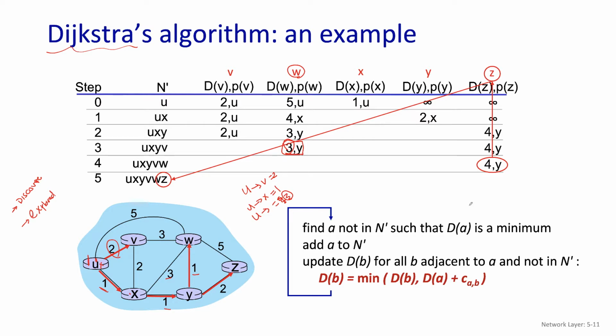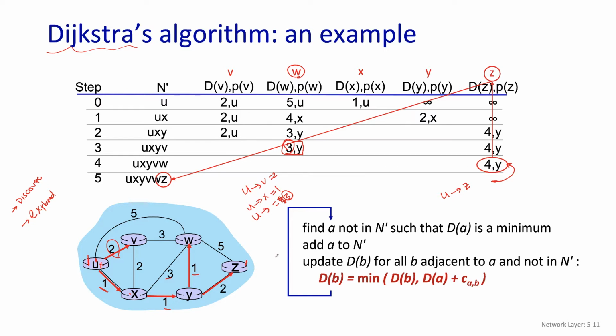Right? So another way to do it is, let's say if you want to get the path from U to Z, right? Most of the time, the way you're going to do it is you're going to stand here and go backward. So now you are at this step, you know that you'll have to go backward to Y, right?